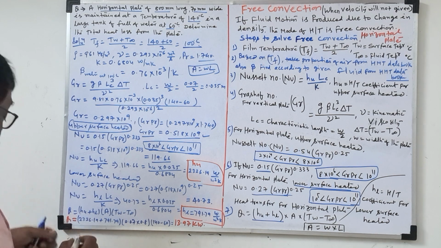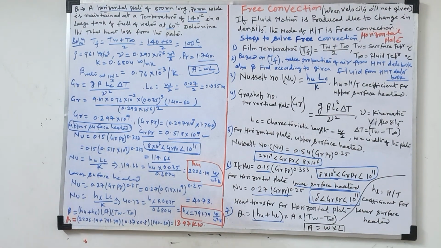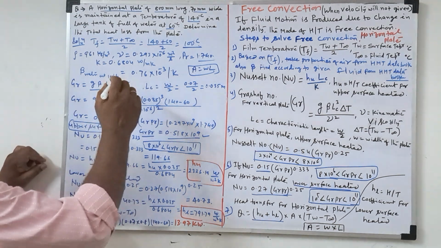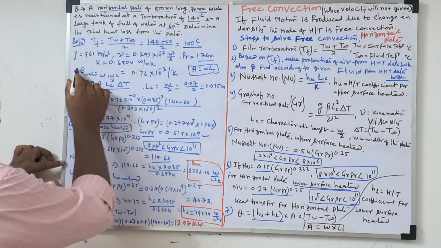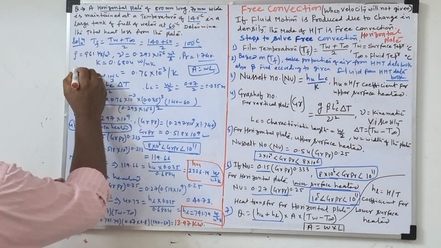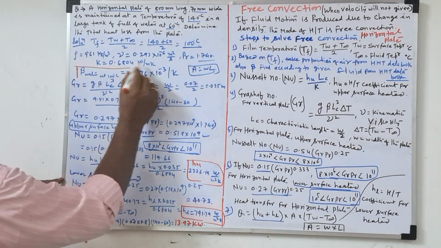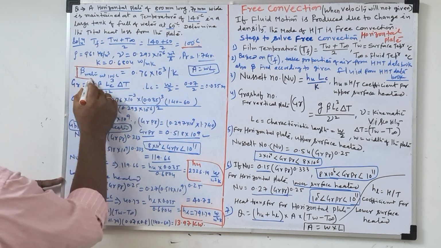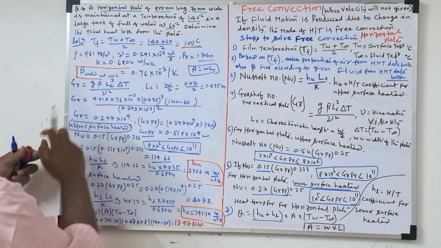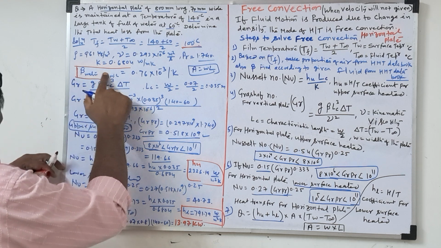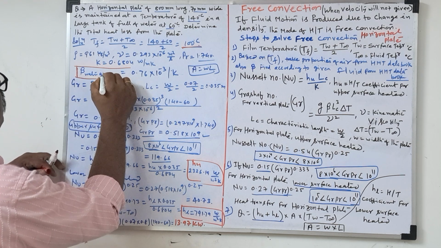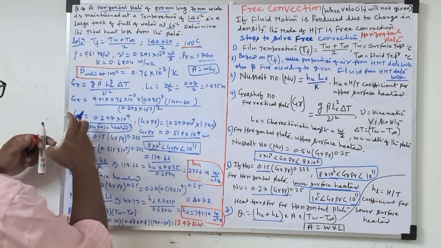So look here, what is the difference between the other problem and this problem? For a horizontal plate, the first difference is that beta we have to take from the HMT data book, properties at the film temperature, water at 100 degrees Celsius.